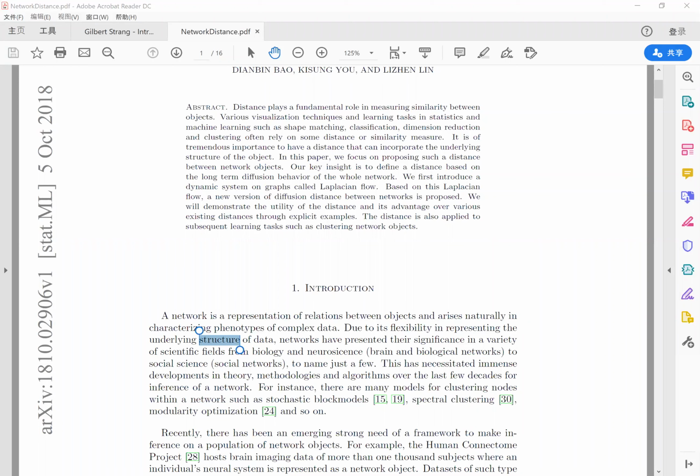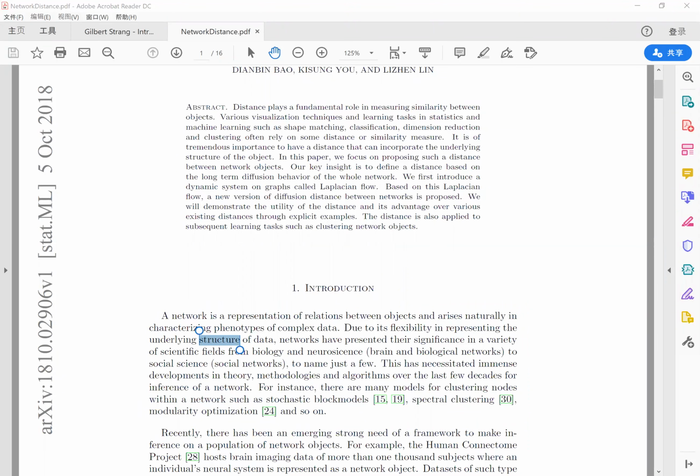Now, how do you distinguish an apple from an orange? This seems really easy for human beings, but it turns out it is hard for a computer.